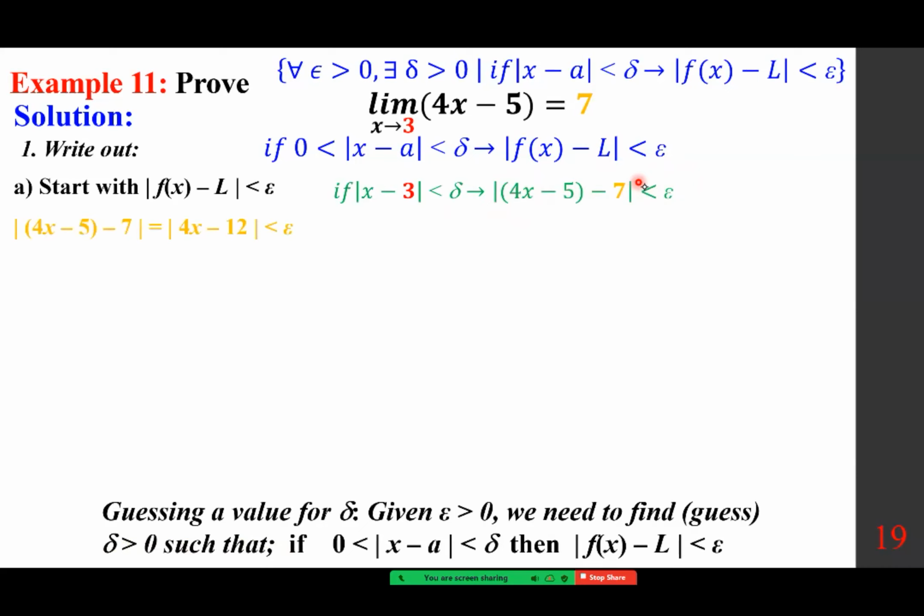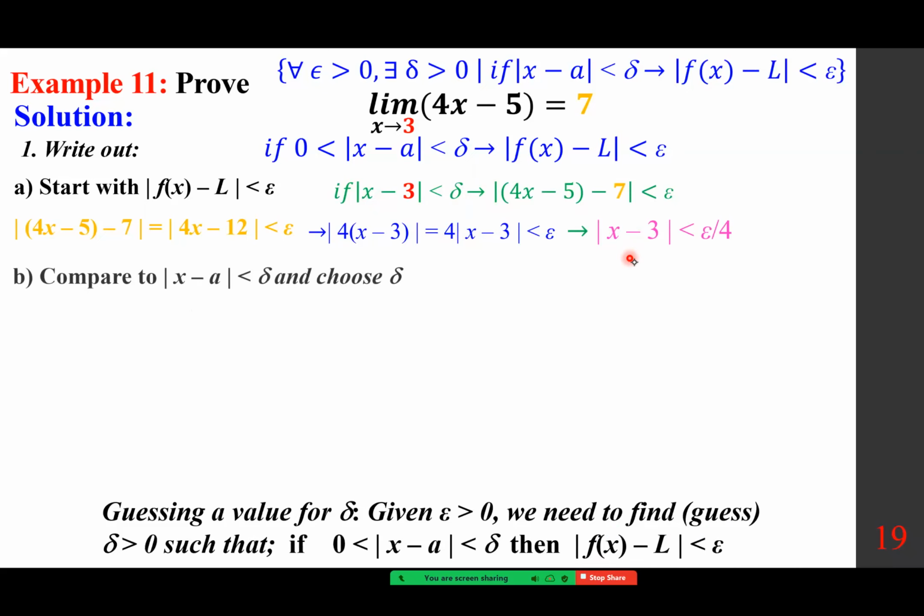And as you can see, I can say 4x minus 5 minus 7 is minus 12. I can take the 4 out because the process is to get here, everybody. And I want x minus 3. I found it, so I'm going to divide by 4. Now I'm going to put this one next to it.